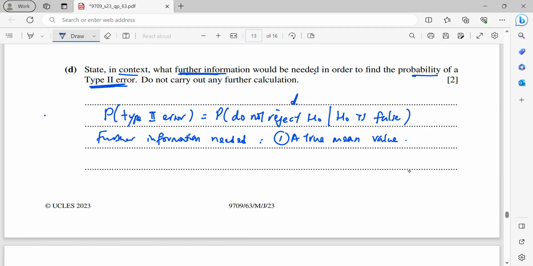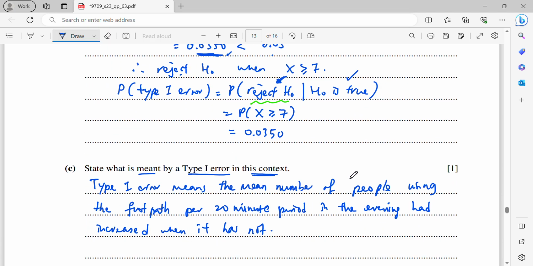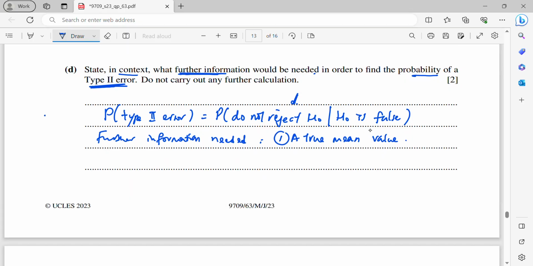The second is do not reject H0. If do not reject H0, then we need to know the number of people using the path which is the critical region. So the second will be the number of people using the path per 20-minute period in the evening.